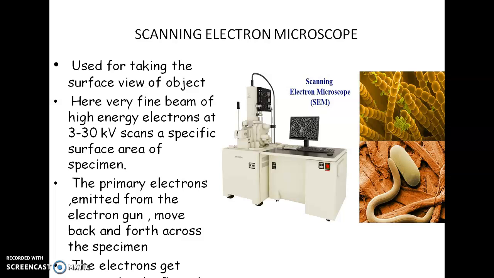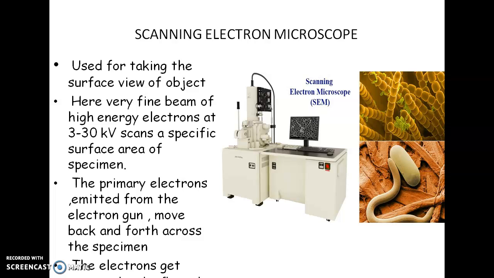In the previous class, we discussed what is meant by TEM and what the application of TEM is, where we have seen that the TEM, or transmission electron microscope, is generally used for taking ultra-thin sections of objects.